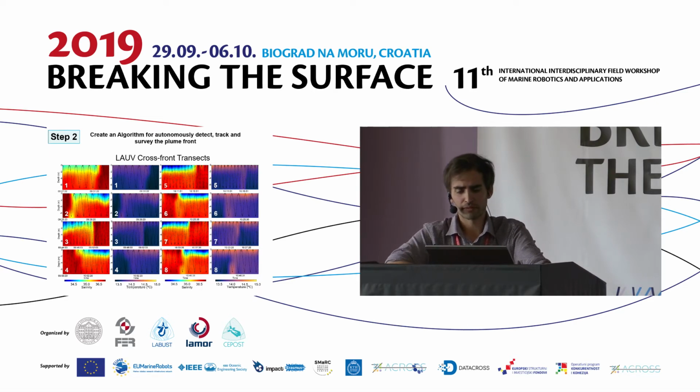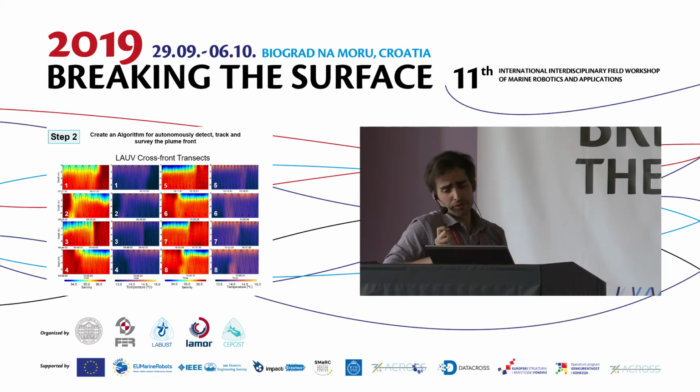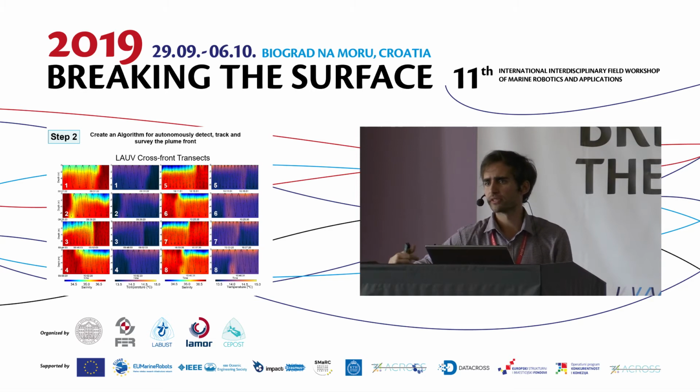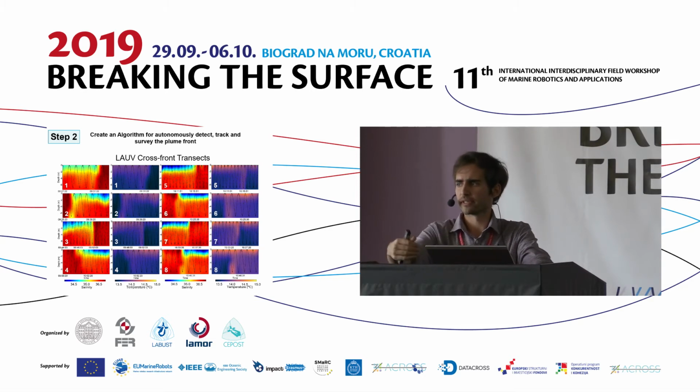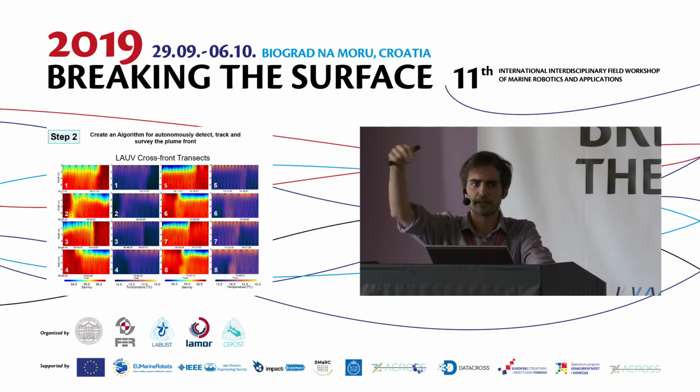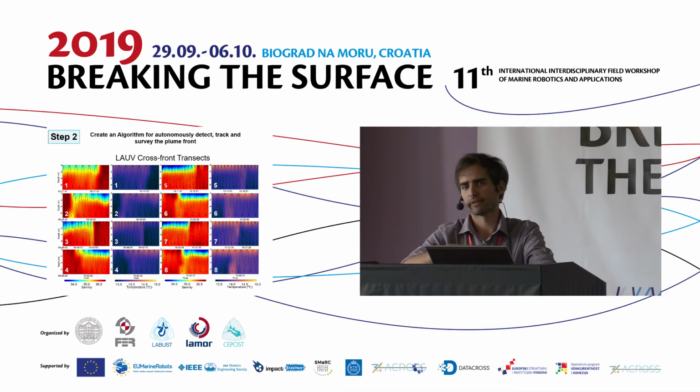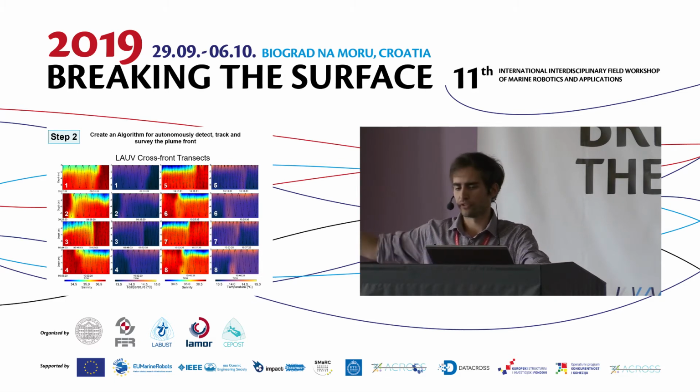However, we also found that we waste too much time finding the first position of the front, because we start the algorithm inside the plume near the river mouth, but if the plume propagates very far from the river mouth towards the south, the AUV takes a lot of time to reach the front.